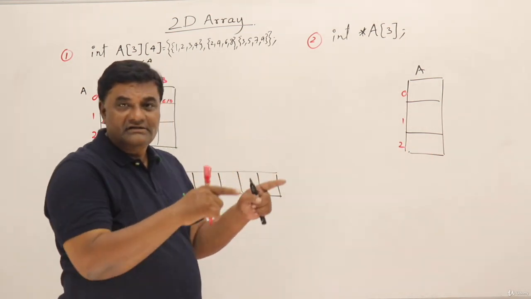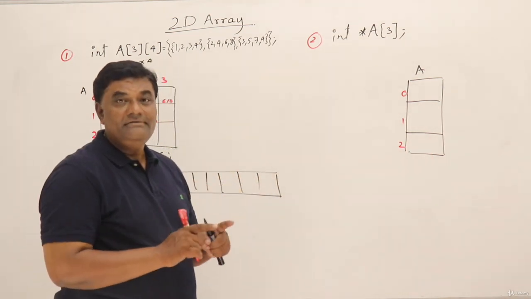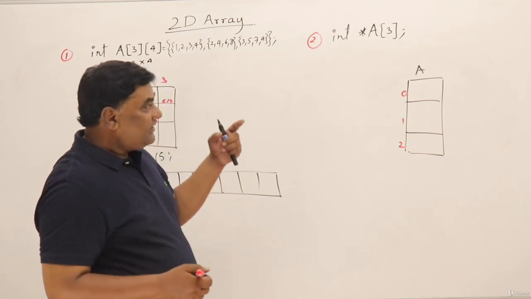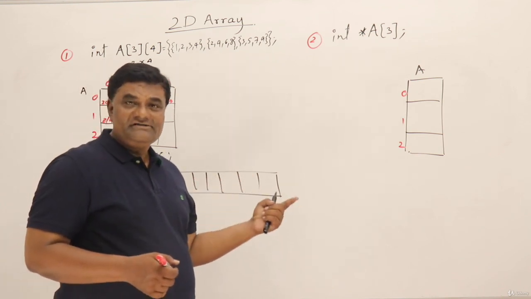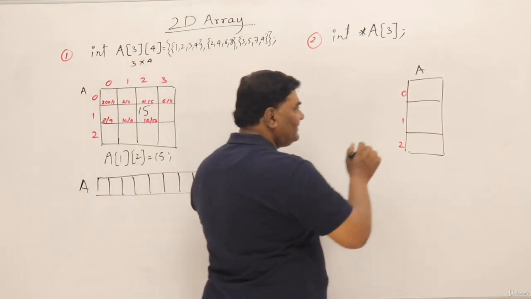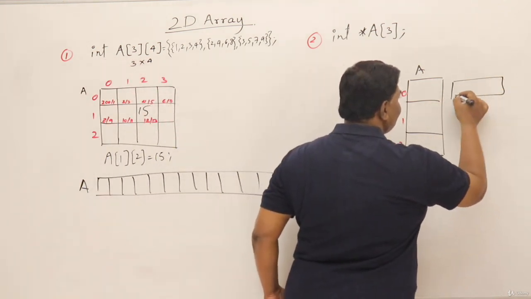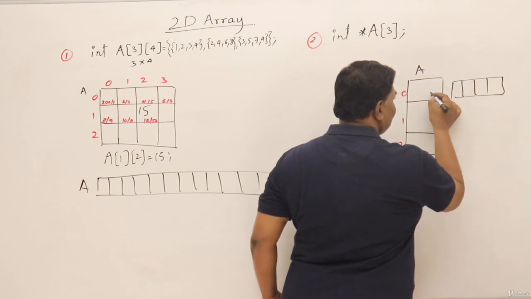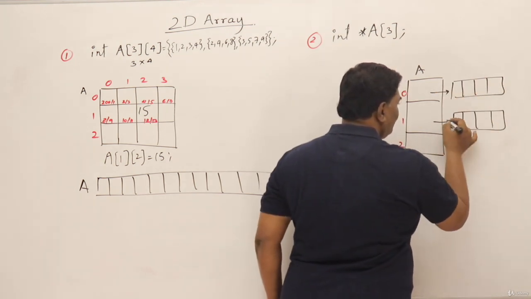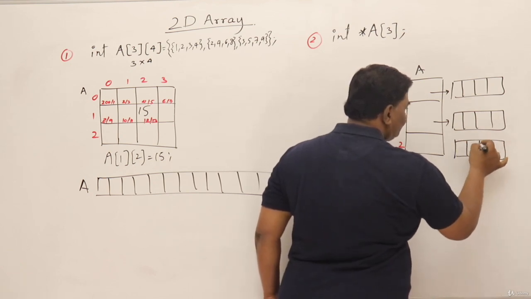Now I have just an array of 3 pointers. Now where is the two-dimensional array? I will create the two-dimensional array in heap. What I want is an array of size 4 so that this pointer is pointing there. Then again an array of size 4, and again an array of size 4.